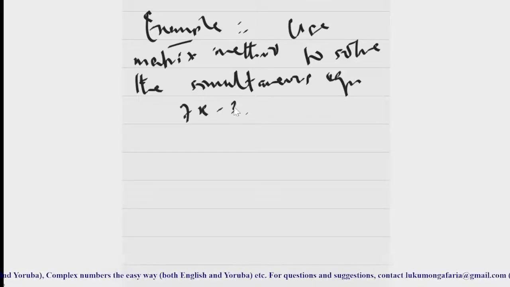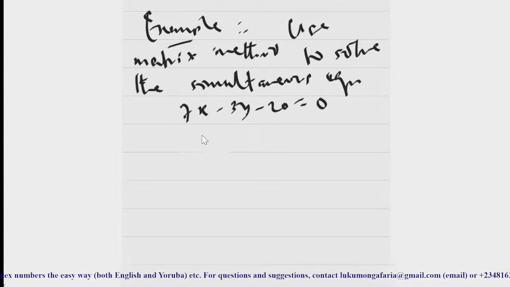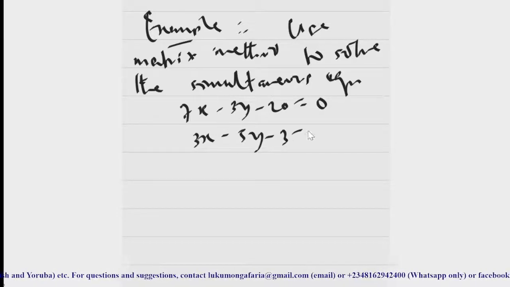You have 7x minus 3y minus 20 is equal to 0, and 3x minus 5y minus 3 is equal to 0.